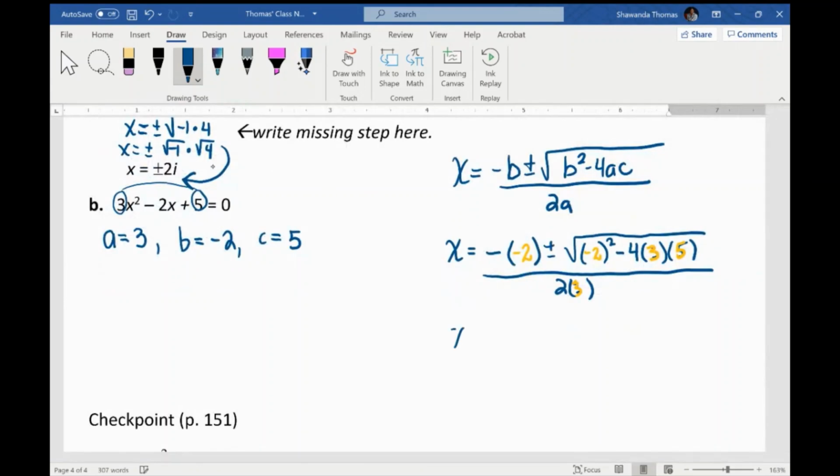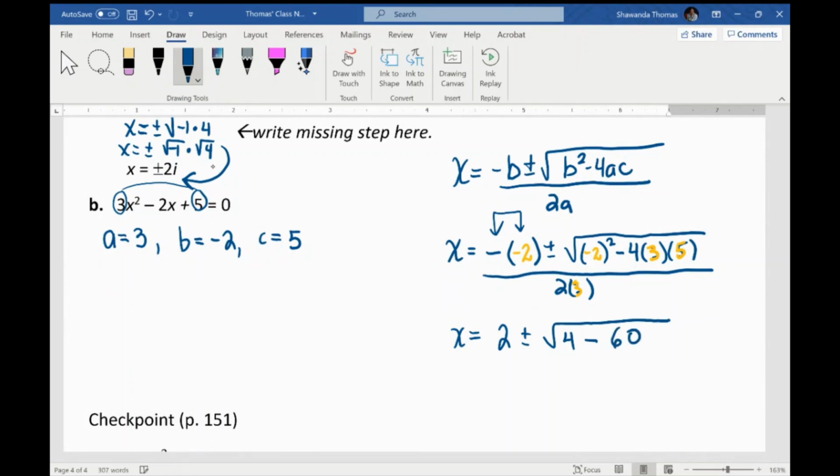So we have X equals, what is the negative of -2? Positive 2, plus or minus the square root of -2 squared, 4, minus what number? 4 times 3 times 5, 60.